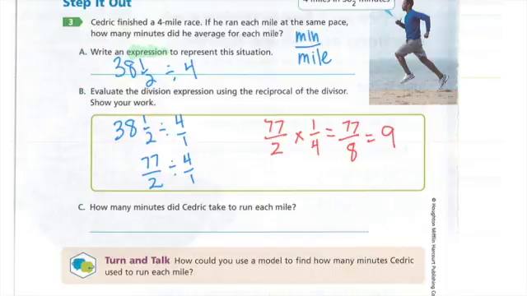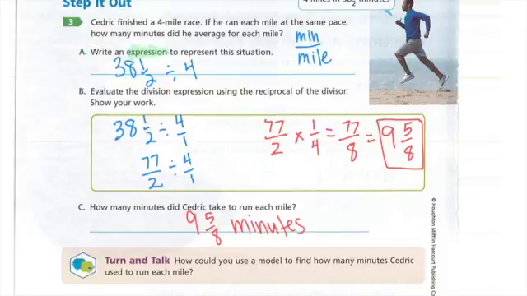So if I had 77 and I took 72 away, that leaves me with 5/8. Remember, the remainder of your division problem becomes the numerator of your fraction. How many minutes did Cedric take to run each mile? Well, we just found that he took 9 5/8 minutes for each mile.